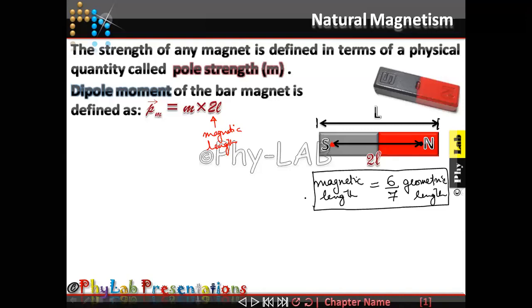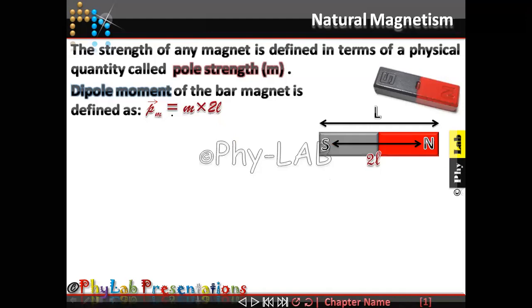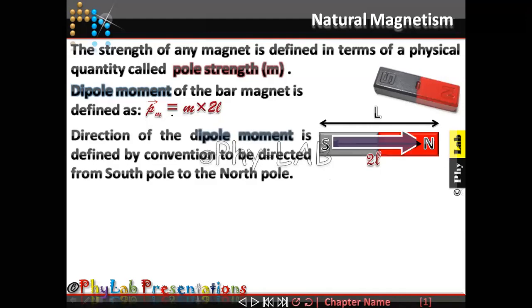So every bar magnet is a dipole, and being a dipole, its dipole moment is defined as m into 2L, where m is the pole strength of the magnet and 2L is the magnetic length of the bar magnet. Now remember that dipole moment is a vector quantity. So being a vector quantity, we need its direction to be defined.